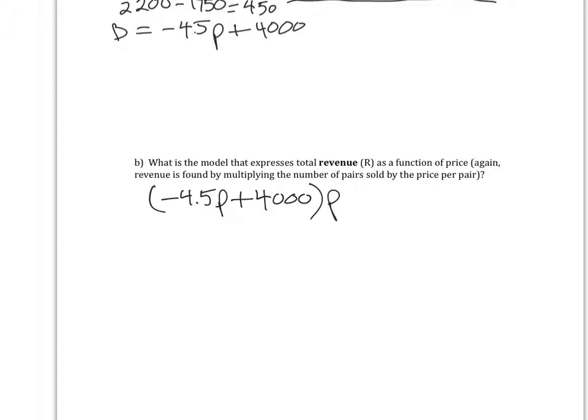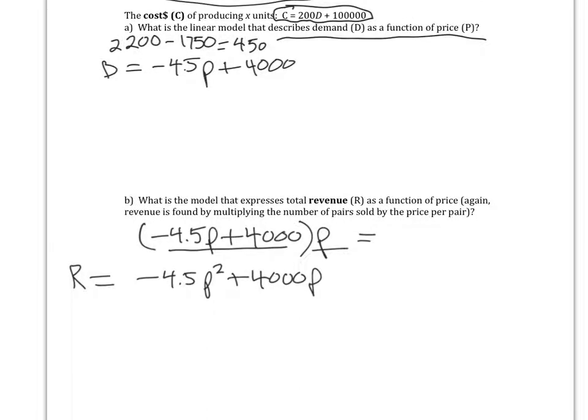And so that means the total revenues that we generate will be equal to the number of pairs of boots we sell, given by this expression, multiplied by the price per pair of boots. So we end up with a quadratic: revenue is equal to negative 4.5p squared plus 4,000p.